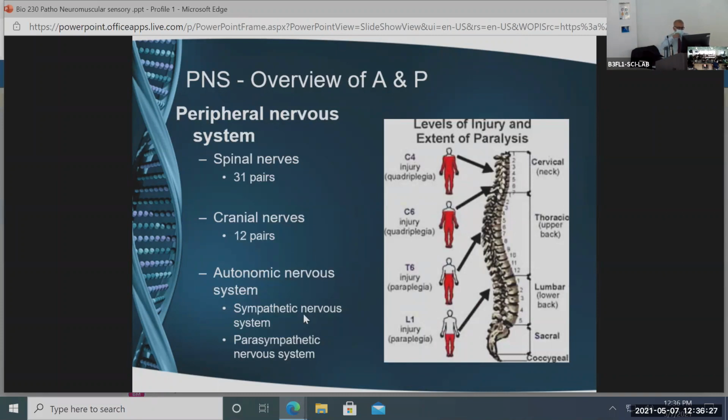In the diagram, they're showing that if my C4 level of the spinal cord segment is injured, my upper limb, my lower limb, my trunk, all gone, cortex spinal tract. Same thing at C6 level, cervical 6 segment of the spinal cord, will also result in quadriplegia, 4 limbs.